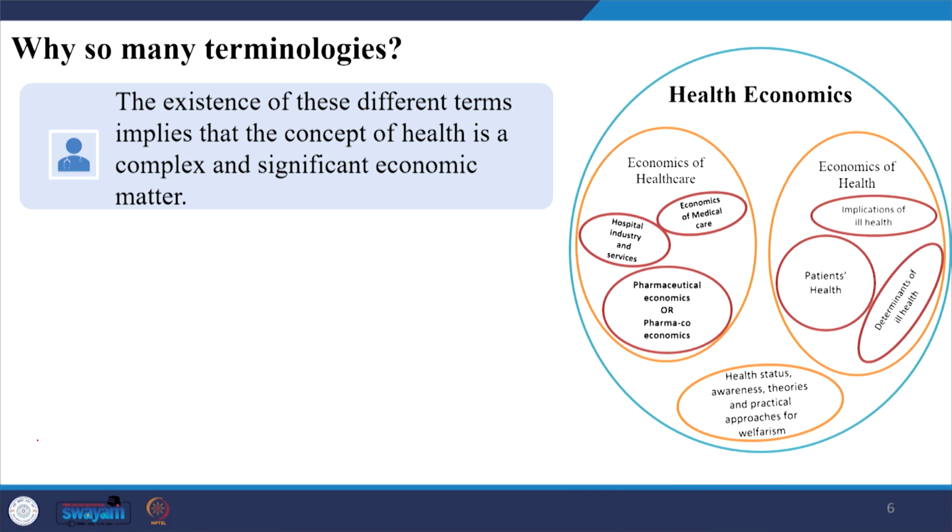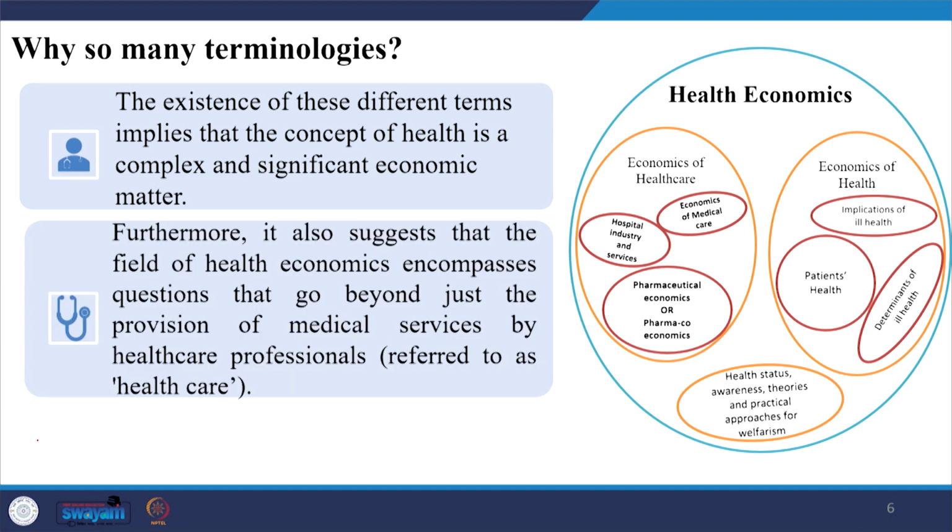Health economics, as highlighted here, is broadly clarified through healthcare and health, economics of healthcare and economics of health. When we discuss healthcare, we usually refer to the hospital industry and its services, economics of medical care, pharmaceutical economics or pharmacoeconomics.